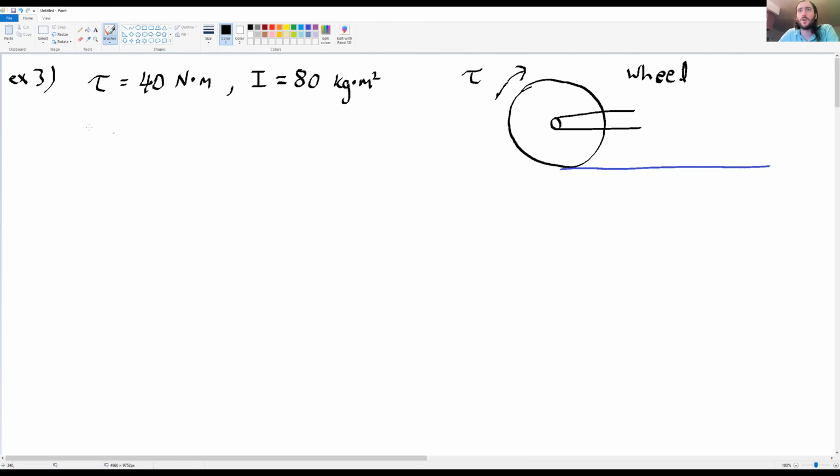Okay, so we're going to turn this question into a couple different parts. The first, and maybe the most obvious, since we just introduced the concept of torque: let's calculate the angular acceleration for this system. What is the angular acceleration?